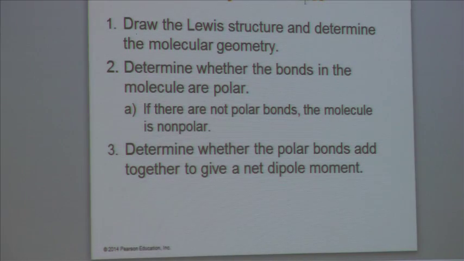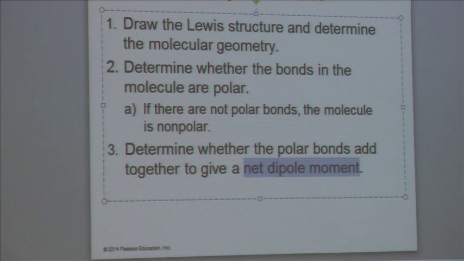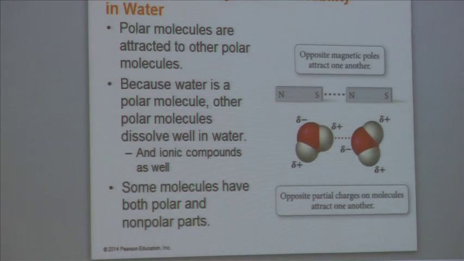Predicting the polarity of molecules, therefore, first we draw the Lewis structure and determine its polarity, then see if there are polar bonds or non-polar bonds, and determine a net dipole moment. Our example here is water.